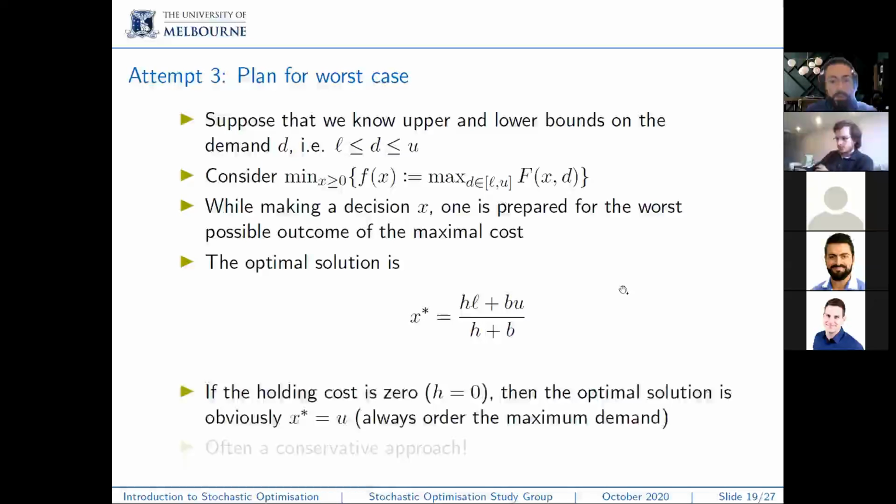One thing to note here is that if the holding cost is 0, then the optimal solution is U, which is the upper bound on D. This makes sense because you don't incur any cost in holding, so you can always buy the maximum, right? Then, of course, this is often conservative, as will be illustrated later on as well.